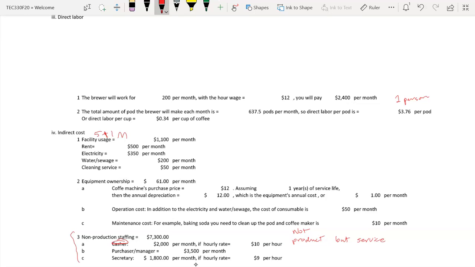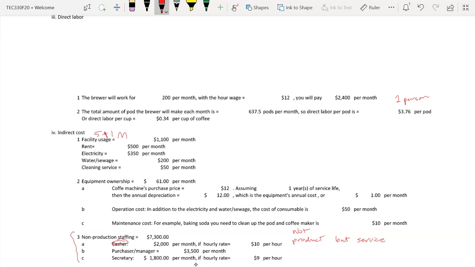In that case, your cashier will move to the direct labor, because he or she is the one providing service, interacting with the customer. Then your non-production staff will be less.